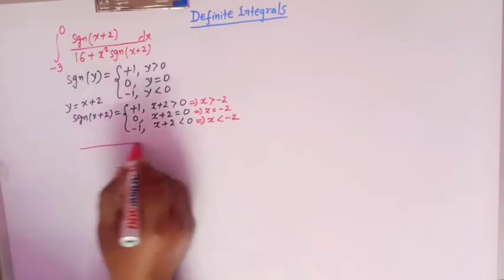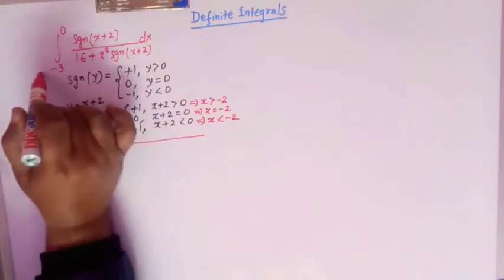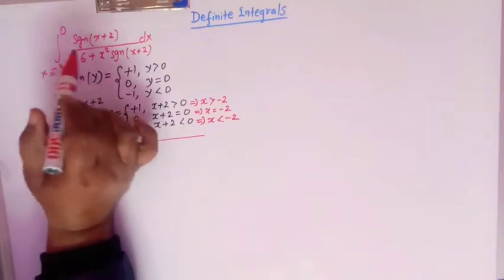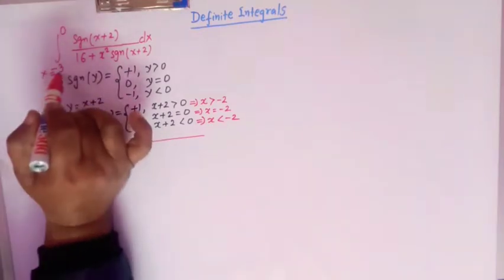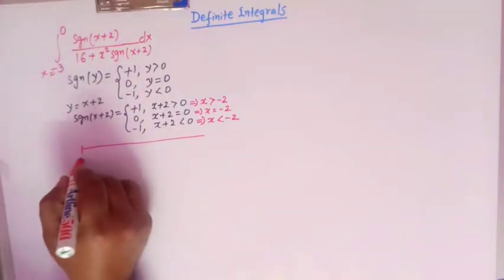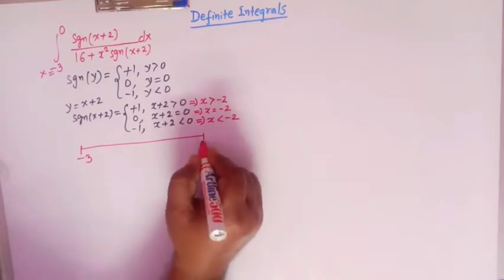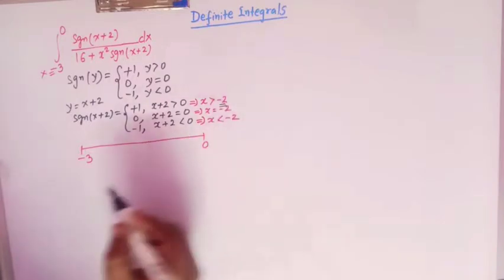If we take the real number line, the integral varies from -3 to 0, the lower and upper limits respectively. So here we take -3 and here 0, and between -3 and 0 we have the point -2.